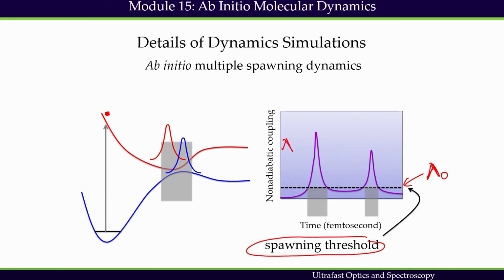If it is larger than the predetermined threshold value lambda naught, it is considered that the excited state trajectory has entered a region of significant non-adiabatic coupling.